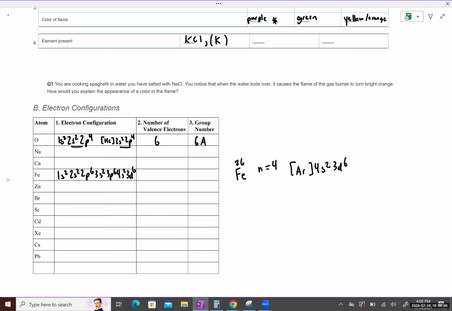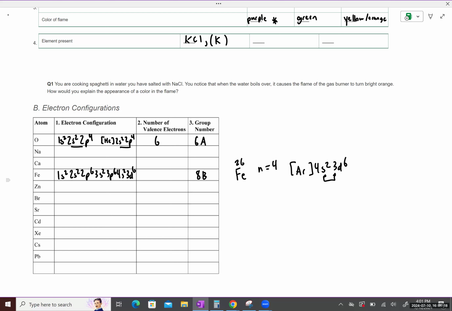In terms of the group number for iron, it's labeled with an 8B group number. The B just denotes we're in the transition metal block. In terms of the valence electrons, in the case of iron, and in the case of transition metals, you can treat the d electrons as if they are valence electrons, as they can be easily lost during ionization.